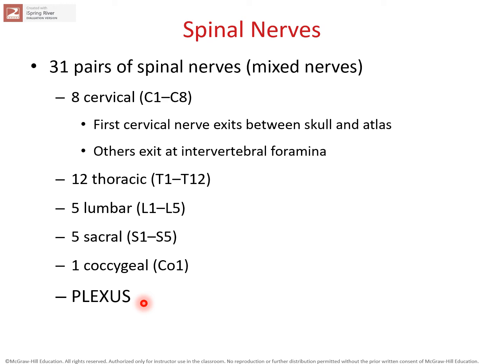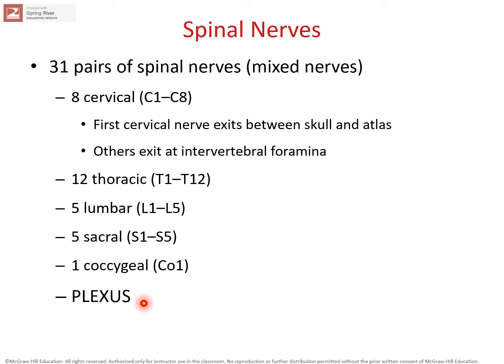Okay, and a lot of times these nerve plexuses are named after the area in which they occur. For example, cervical plexus, brachial plexus, lumbar plexus, sacral plexus, coccygeal plexus, etc. So they are named after the area where the plexus occurs and the organs and tissues that these plexuses serve.